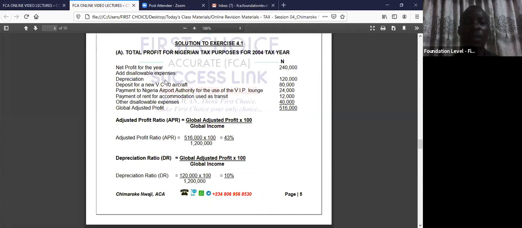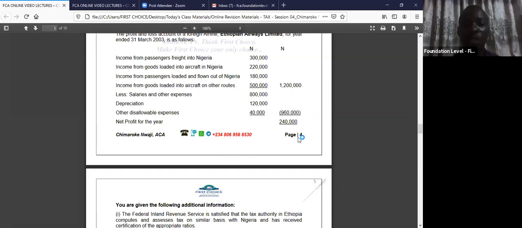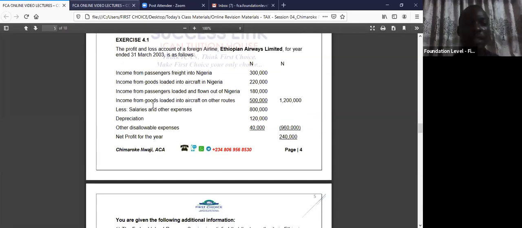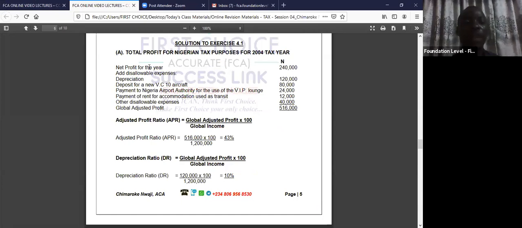First of all, we look at profit for the year. What was the profit for the year? It was 240,000. So that's the net profit. We want to convert this net profit to adjusted profit. So all we need to do is to add all those disallowable expenses that we are not supposed to have deducted.